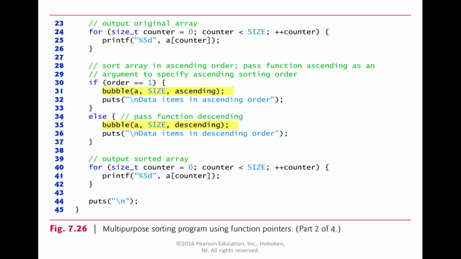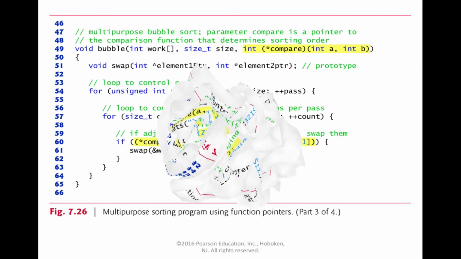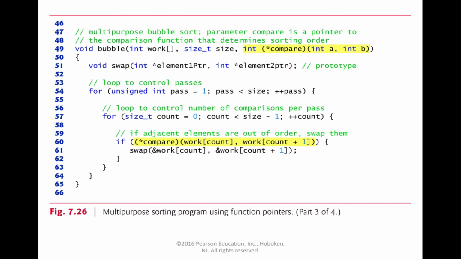If we want them in ascending, we're going to call bubble with a pointer to the ascending function. If we want it to be descending, we're going to call bubble with the pointer to the descending function, and then of course we're going to output the sorted array.